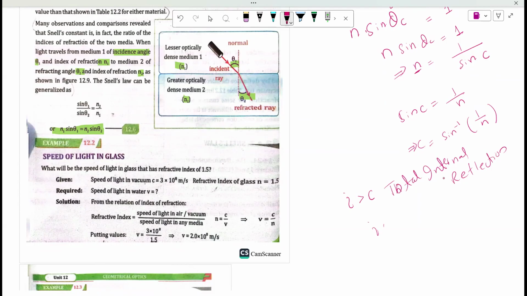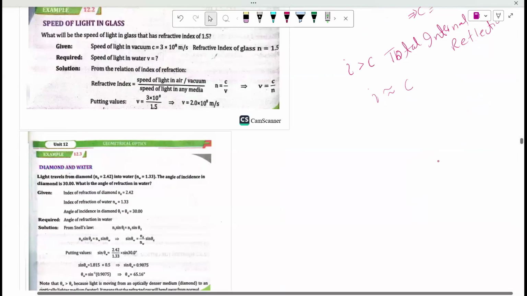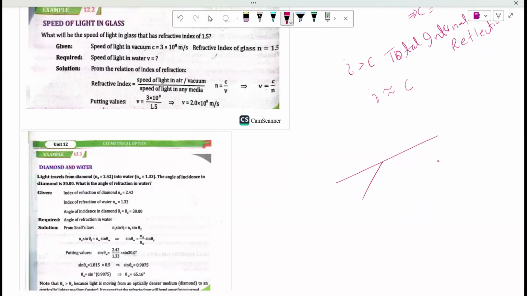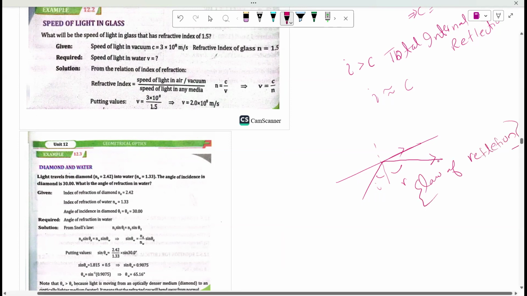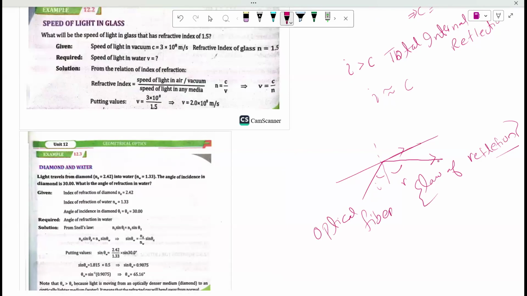Obviously, when the incident angle approaches the critical angle, the refracted ray makes an angle of 90. But what if we increase the angle of incidence? So obviously it would not go into the medium, such that the law of reflection would be applicable. This property of light using the critical angle is used in optical fibers for communication.